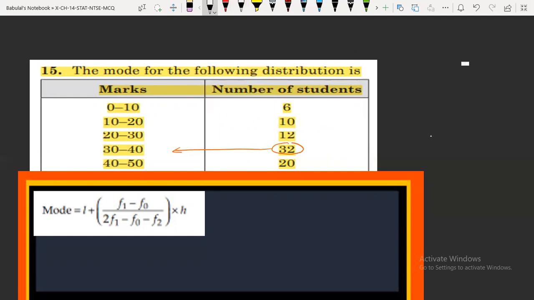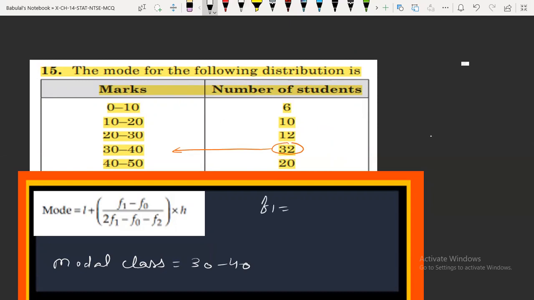So first of all, we can say that the modal class is 30 to 40 and the frequency of the modal class, that is f1.